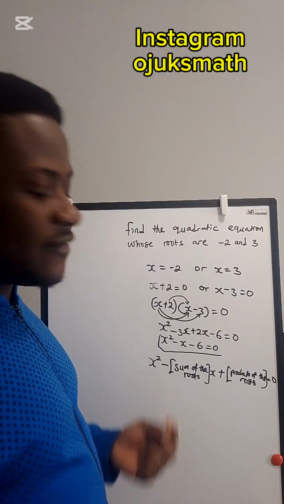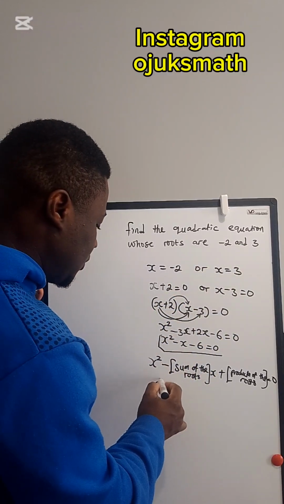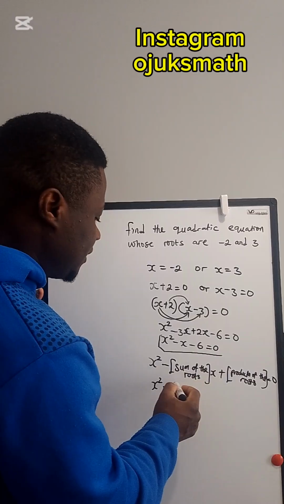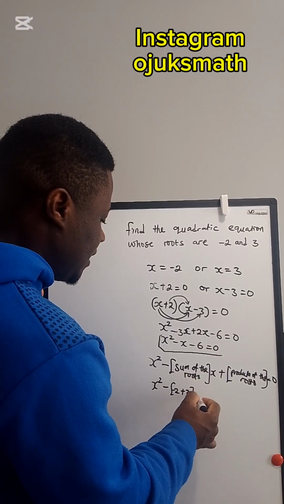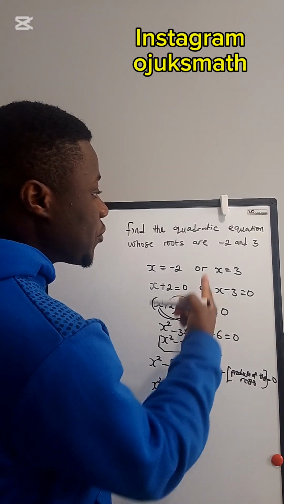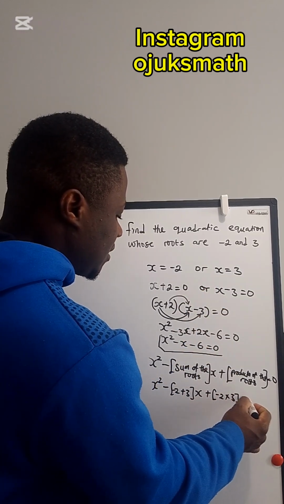If this be the case, very simple, just insert the roots here. We have x squared minus the sum of the roots, which implies (-2 + 3), then insert your x, plus the product of the roots, which implies -2 times 3, equals 0.